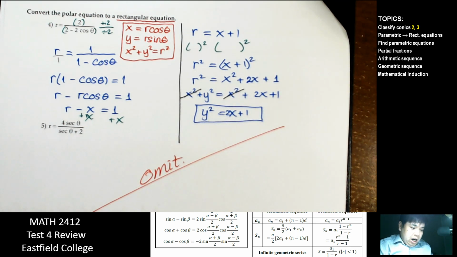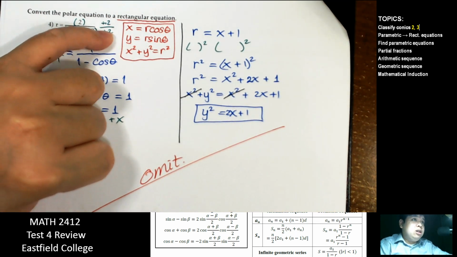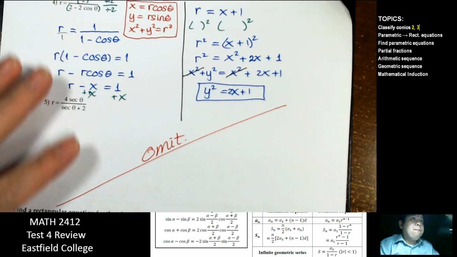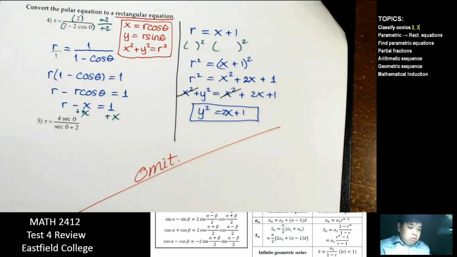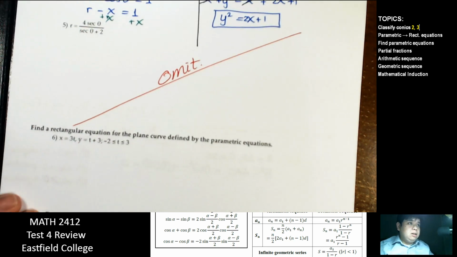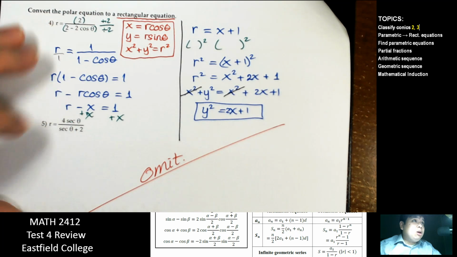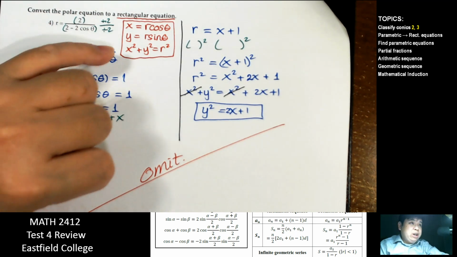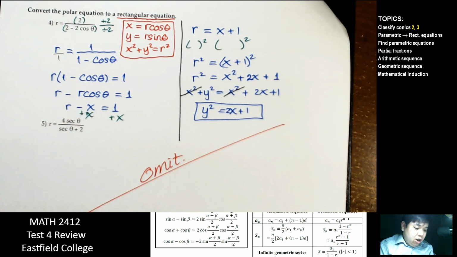Right. So when we change to rectangular equation, we can use that. Next, on the final, we might have something like that when we change to rectangular equation, but not this complicated.